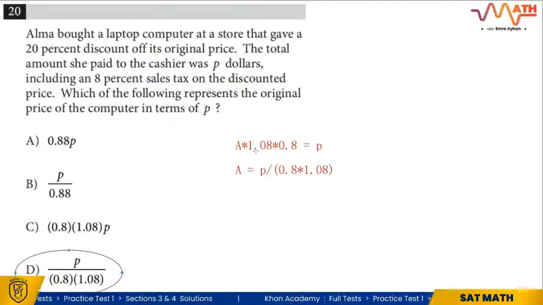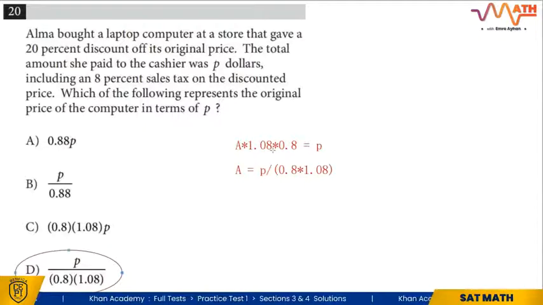So initial amount, you can apply first the discount then the tax, it doesn't matter, because of the multiplication, you can change the order, right? So here, we multiplied by 1.08 for tax. Price will increase, right?